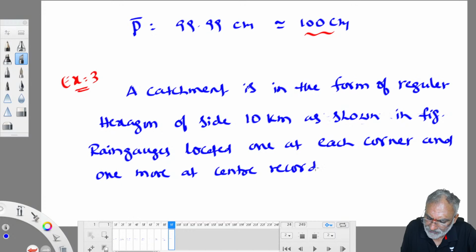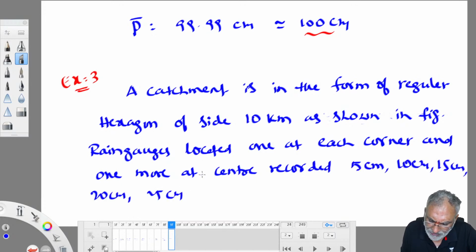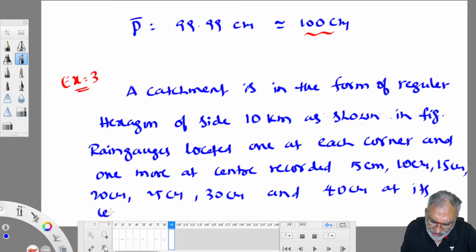Recorded 5 centimeter, 30 centimeter and 40 centimeter at its central station.